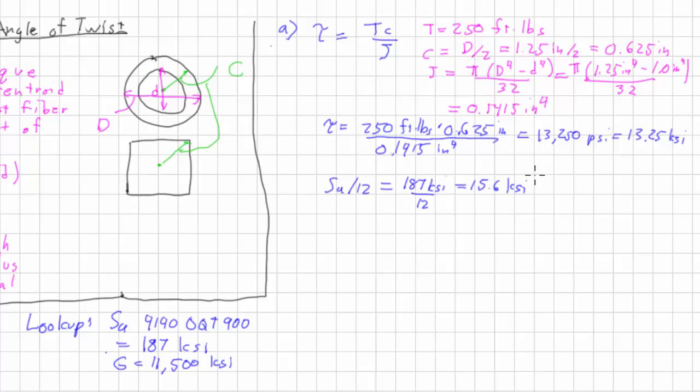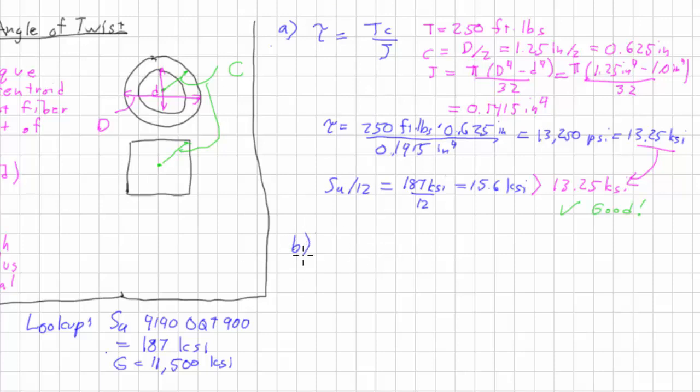This comes out pretty well because that is our allowable stress, and we don't want to go over that. Well, our applied stress is 13.25 ksi. And so if that's what we're working at and we're underneath this allowable stress, we're good. Okay, on to part B.